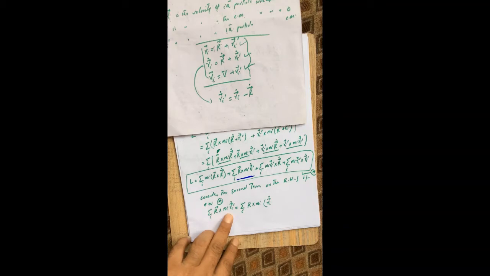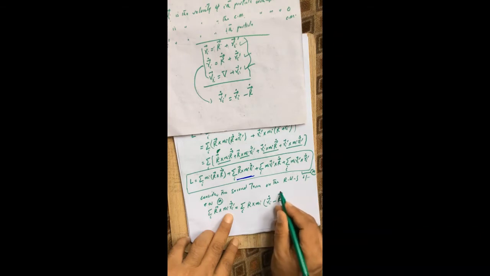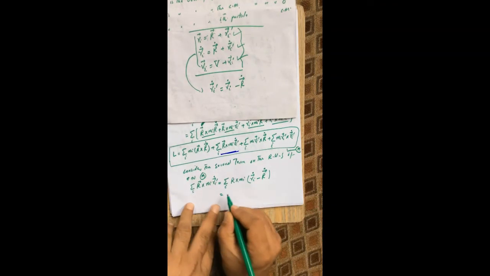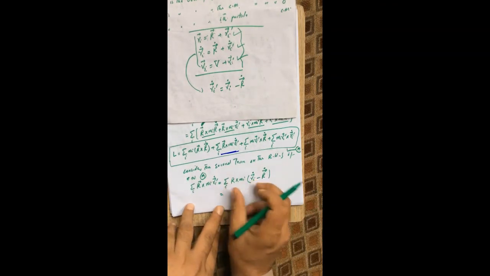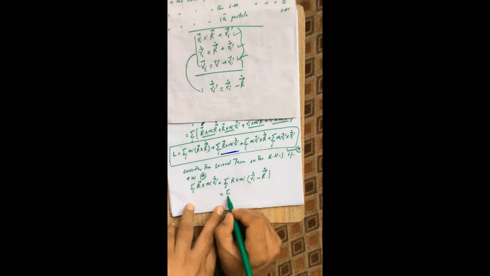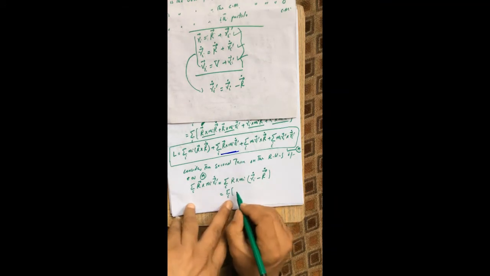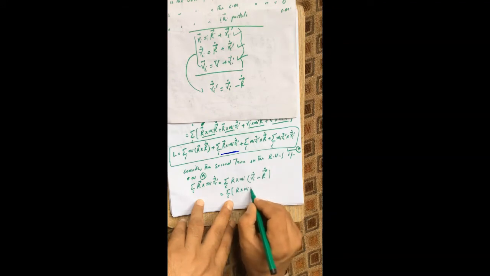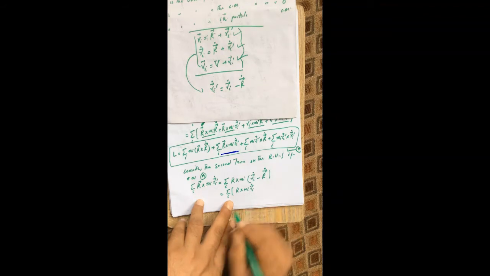Yes, this is Ri dot minus R dot. Now I will apply this sum to this one first, and I will write it like this: the sum over i of R cross Mi Ri dot.